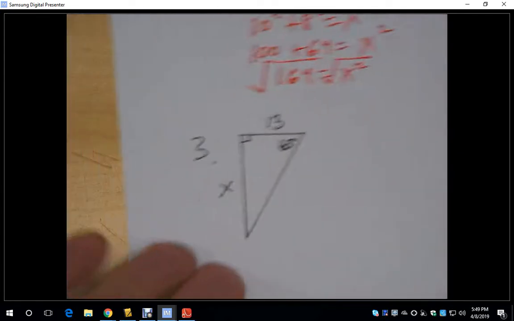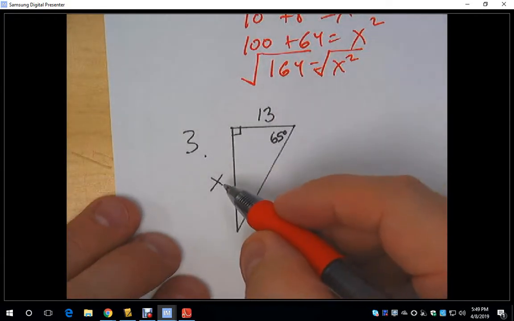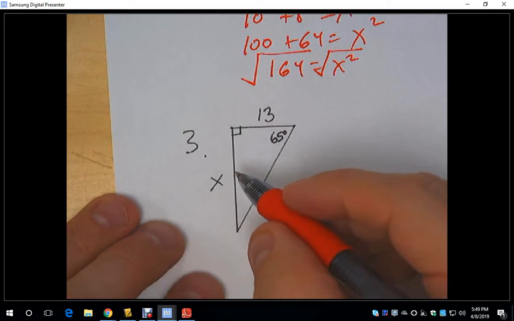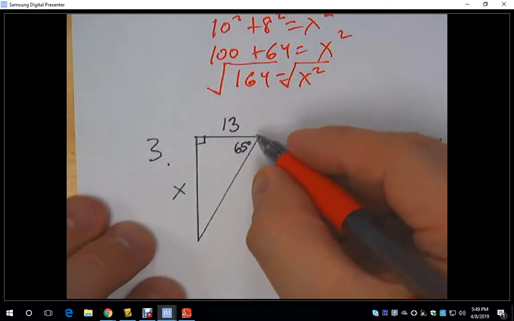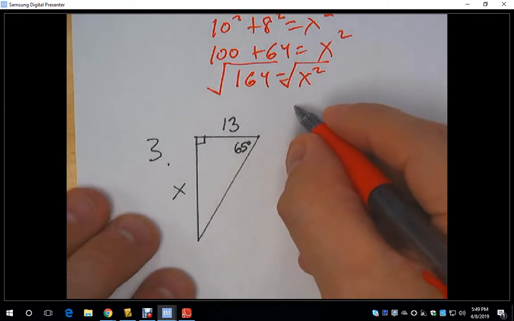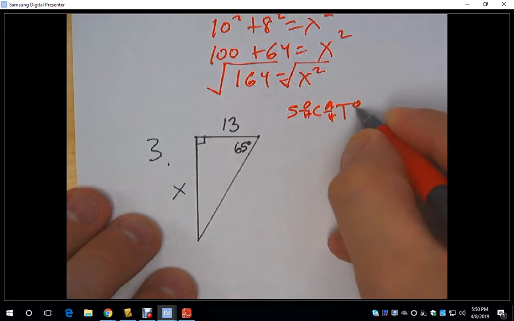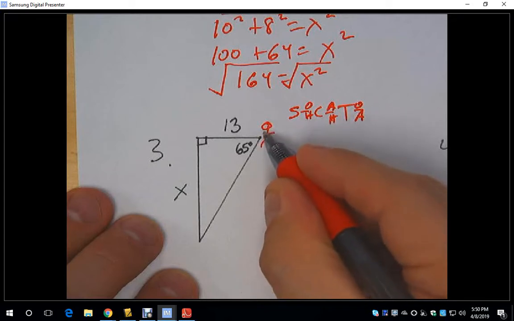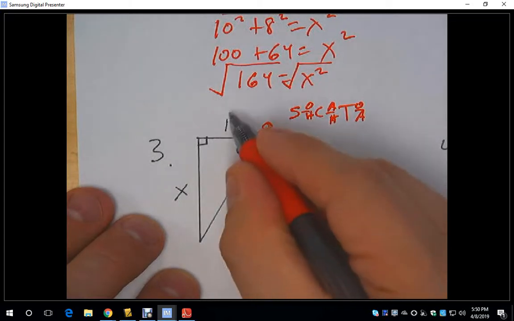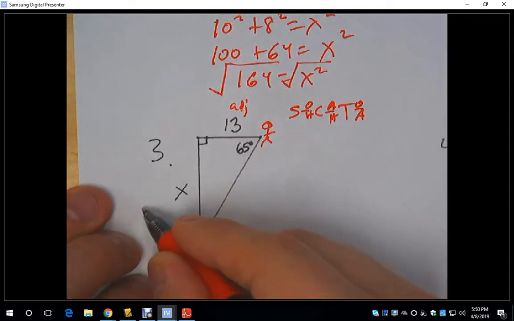Well, let's look at another one. I'm given an angle and a side, and I'm asked to find another side. Well, the trigonometric ratios come to mind again, or they should. Out of our choices of SOH CAH TOA, from my perspective of where I'm standing here, 13 is my adjacent and x is my opposite.